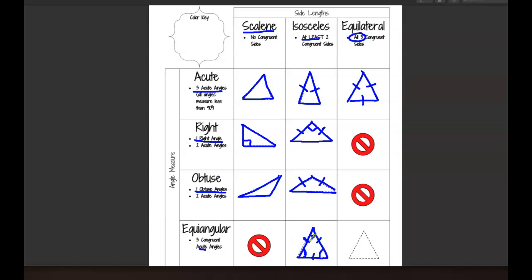Because remember, isosceles means at least two. And then lastly, our equiangular equilateral triangle, all three sides are congruent and all three angles are congruent. Notice that these two pictures are the exact same. So the best description for this one is actually an equilateral equiangular triangle.